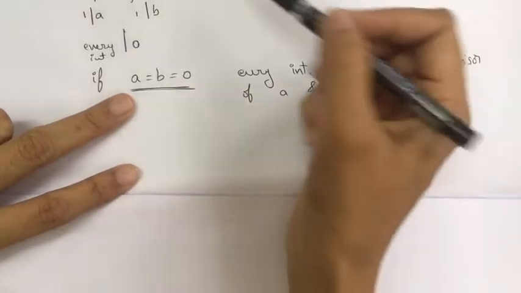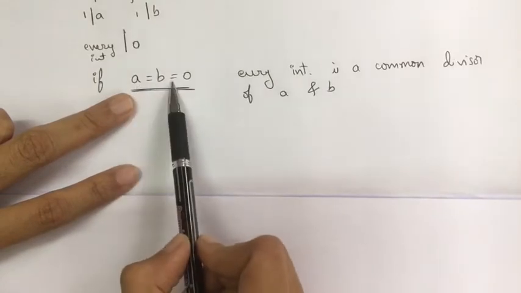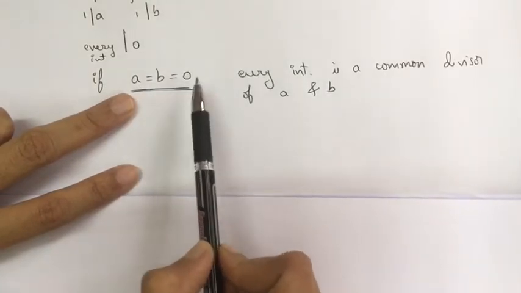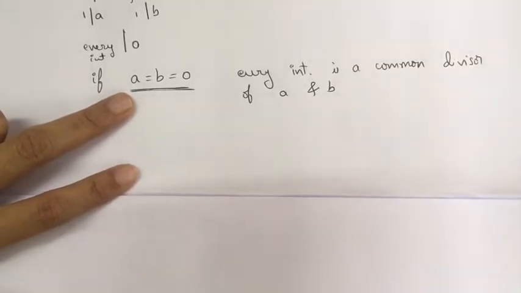Here there was no condition. In this case, I am taking A equal to B equal to 0, so the set of common divisors is infinite.